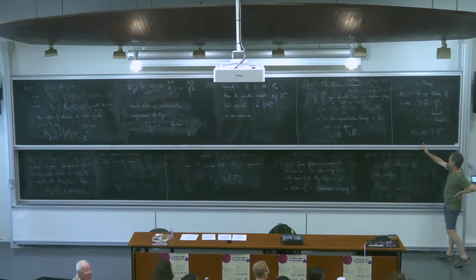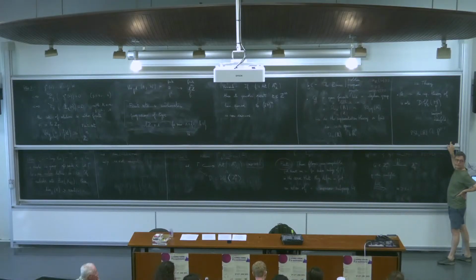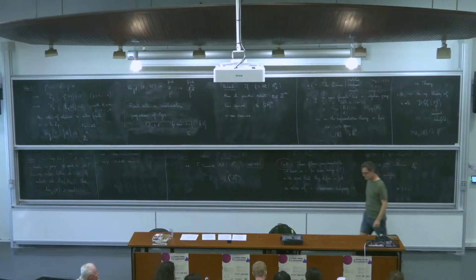Now look at the stabilizer of a point, any point. Take a point and look at the stabilizer of the point in your maximal compact subgroup. The codimension of the stabilizer is at most the dimension of M. Is it clear?